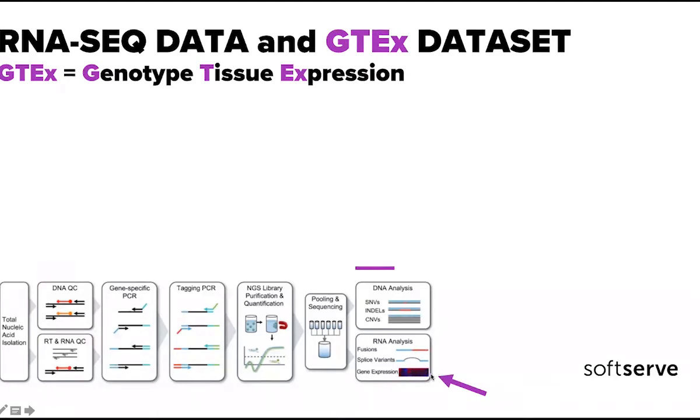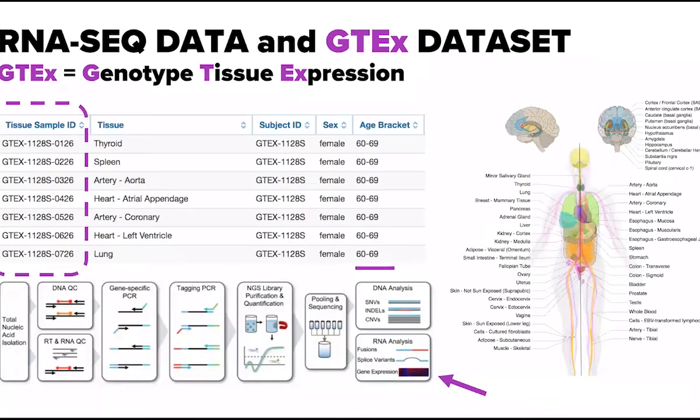And here we can see a little heat map, because gene expression is very often shown on a heat map, where, for example, the red part means that the expression is high. And in this research, we had the GTEx dataset, the open dataset created by Broad Institute of MIT and Harvard, which means Genotype-Tissue Expression.